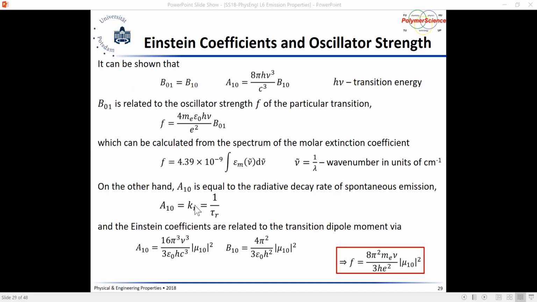And this is saying the rate of radiative transition equals the Einstein coefficient for spontaneous emission. So putting everything together, we get that the Einstein coefficient is actually related to the transition dipole moment via these equations. And we also get an equation relating the oscillator strength and the transition dipole moment.